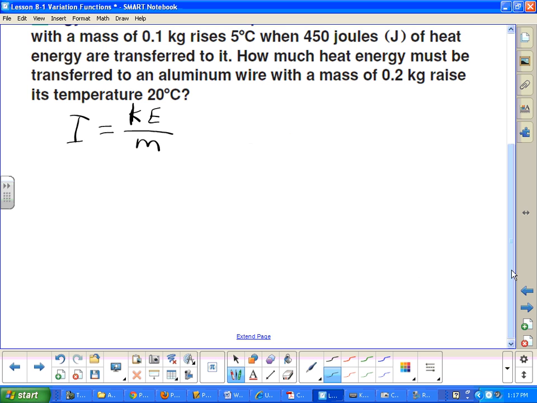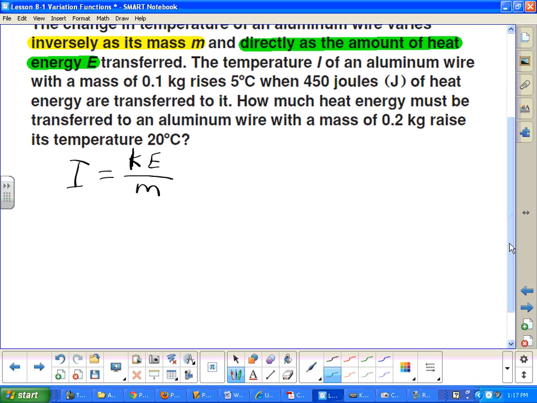So we've got our M is 0.1, so that's our denominator. The temperature rises 5 degrees, so that's I. And 450 joules of heat energy, that's E. And so we need to use that information to find our constant of variation K.